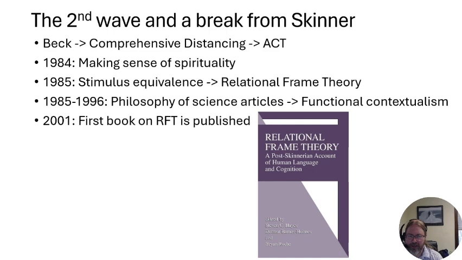So he goes back to see what Skinner had done, and then decides which pieces he's going to keep and if any need to be tweaked to have this continuity with this new focus on behavior relations that we see in RFT and in the development of ACT. And those philosophy of science articles lead to the philosophy of science that is called functional contextualism.